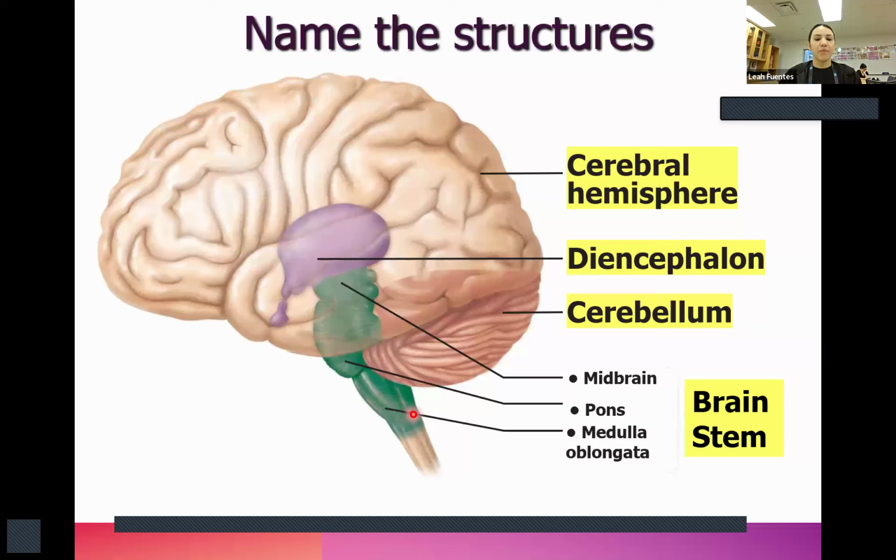Make sure on your exam, if they're asking specifically for this portion right here, that you're writing medulla oblongata and not brainstem. That's what I see a lot of students not get full credit for, because they're writing brainstem instead of medulla oblongata. So again, medulla oblongata and brainstem are two different things, but the medulla oblongata is part of your brainstem.